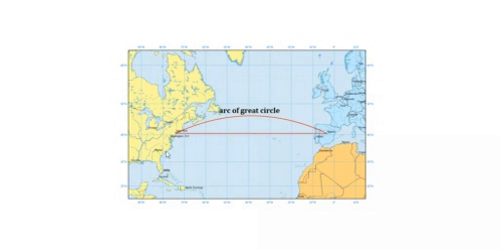Now see, these are two places: New York, that's in America, and Madrid, that's in Spain. This straight line is the latitude, the 40-degree north latitude, and this is the arc of the great circle. The shortest distance between New York and Madrid is not along the 40-degree latitude, but along this arc of the great circle. You will understand this if I show you on a globe.